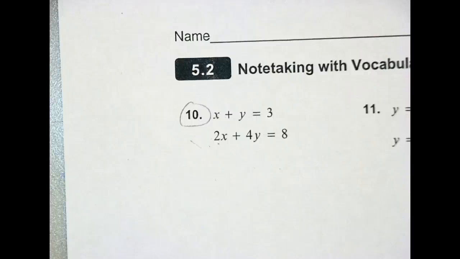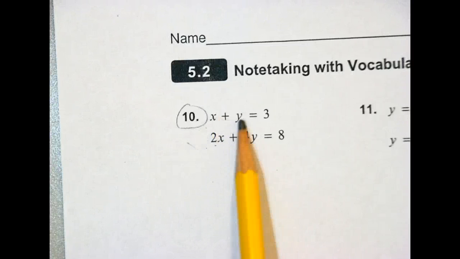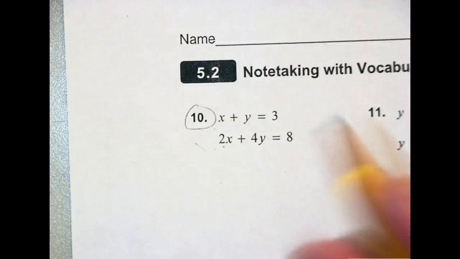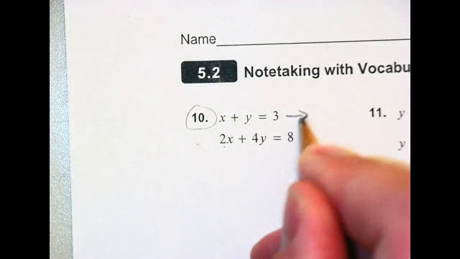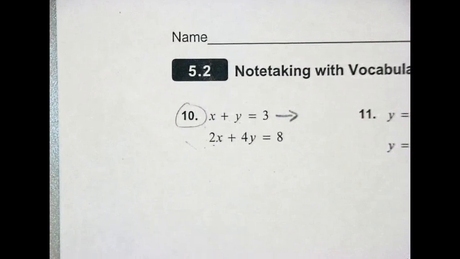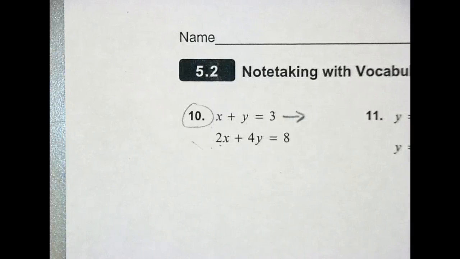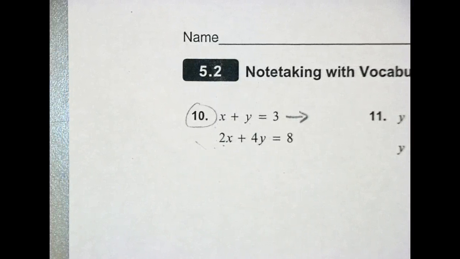It's simpler. Yeah, why is it simpler? Yeah, there's not a number in front of y or x. There's no coefficient. So what do we want to solve for, x or y? Who wants to solve for x, get x alone? Who wants to solve for y, get y alone? Okay, let's solve for y.